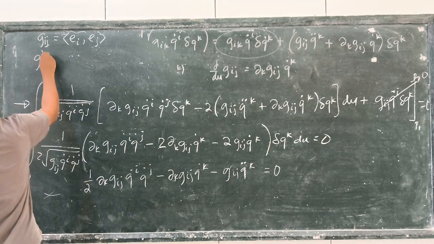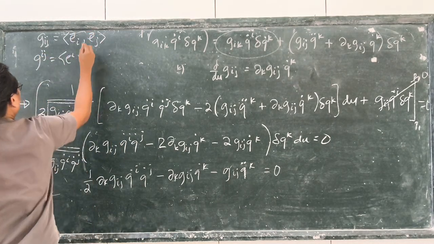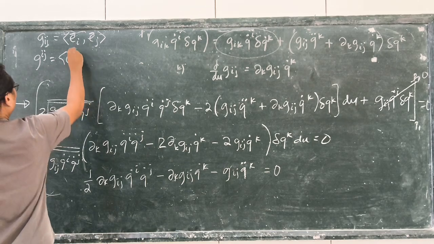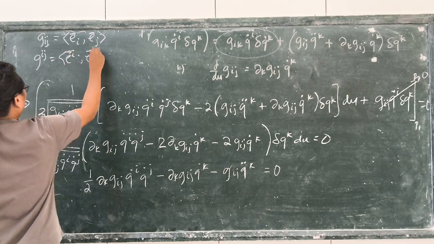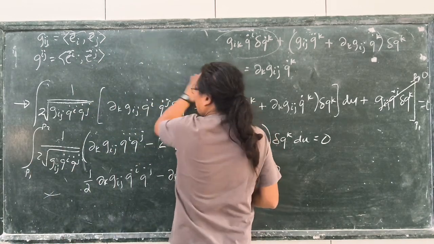Okay. Gij is equal to EI EJ. Pero kung sa purpose na ito, we have this notation.